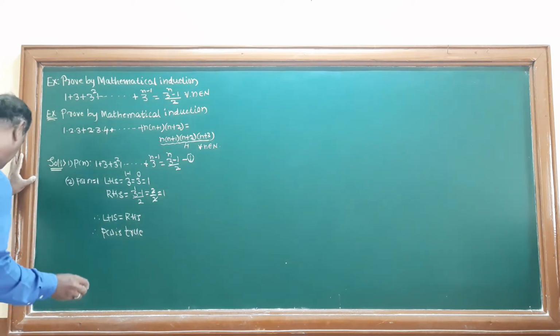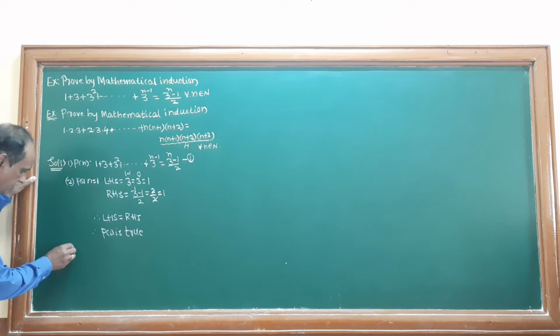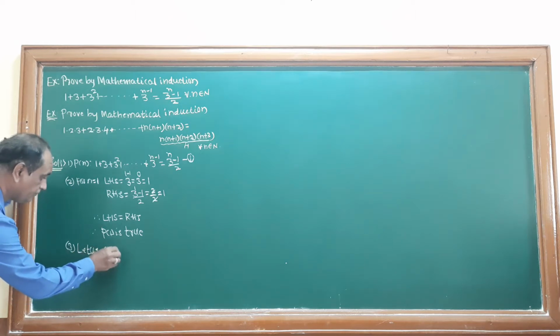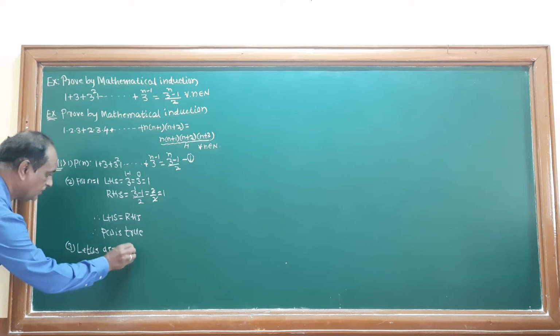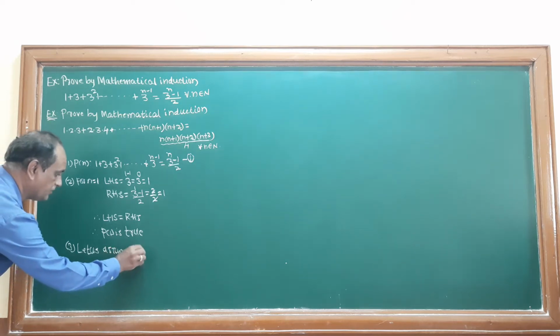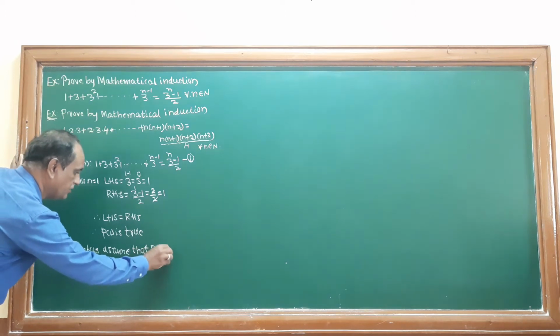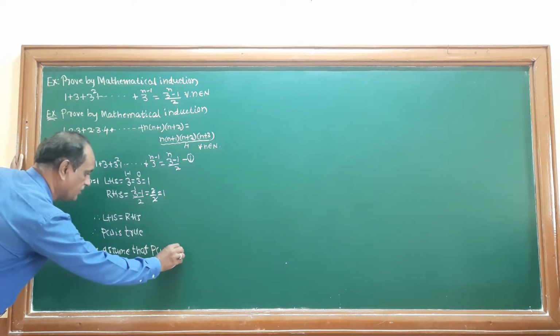Then come to the third important step: let us assume that P of K is true.